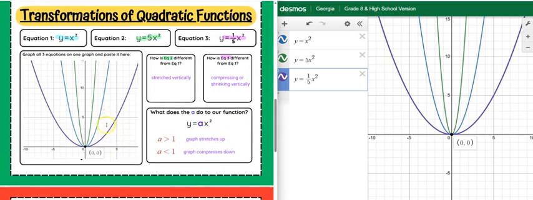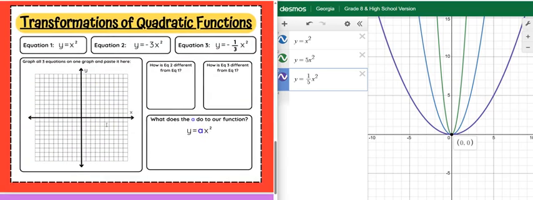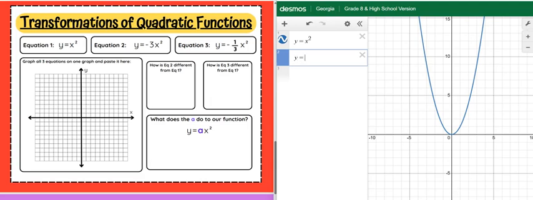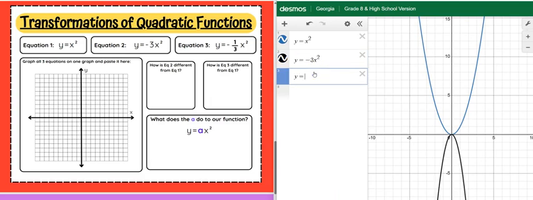All right, so then let's look at our last one of these before we put it all together. This one, I'm going to keep x squared. I'm going to add y equals negative 3x squared and y equals negative 1/3 x squared.